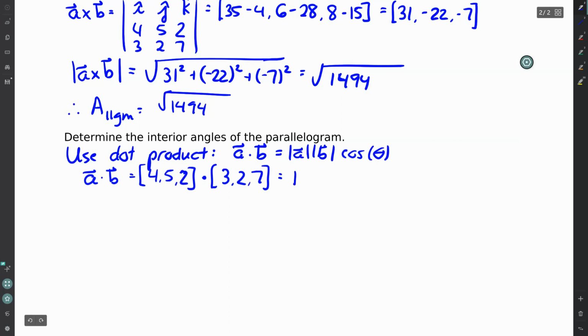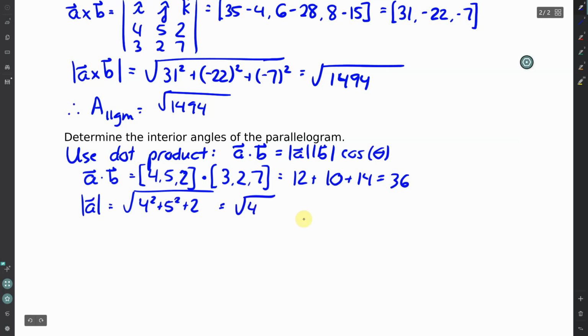And we get 12 plus 10 plus 14, so that dot product is equal to 36. We need the magnitudes, and magnitude of A is going to work out to square root of 45. Magnitude of B is going to work out to square root of 62.